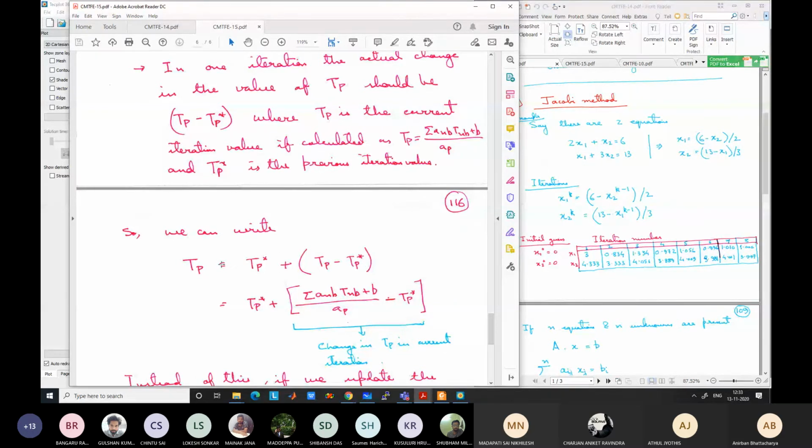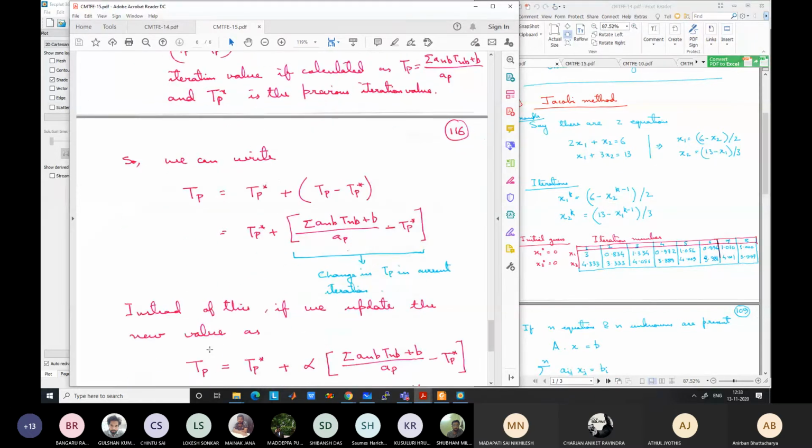So the current iteration value TP should be equal to TP star plus TP minus TP star. Okay, or I can write this as TP star plus summation ANB TNB plus B by AP minus TP star. Okay, so this is without any relaxation.